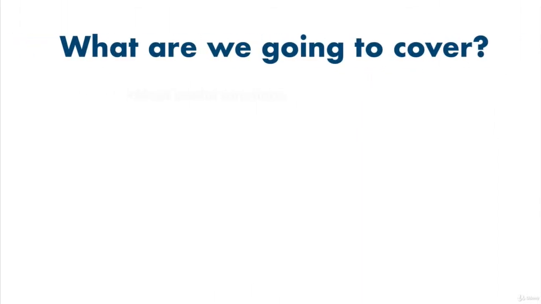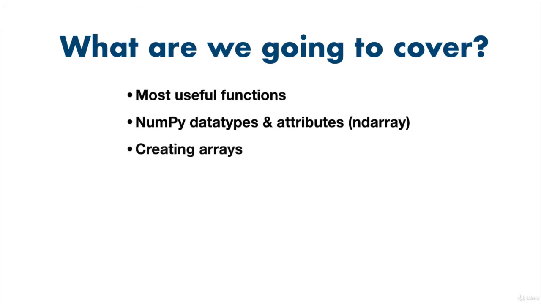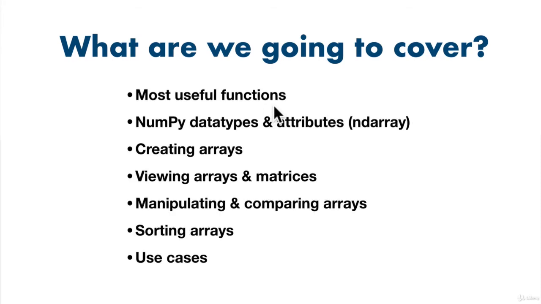So what are we going to cover in this section? Well, of course, we're always going to be focused on the most useful functions, the ones that you can start using straight away. We'll have a look at different NumPy data types and attributes of those data types. Now, the main one is an ndarray, but we'll have a look at that in another video. We'll look at how to create arrays. Arrays you can think of as a list of numbers.